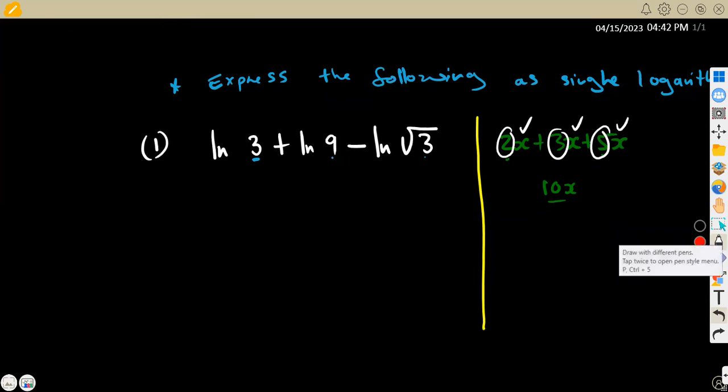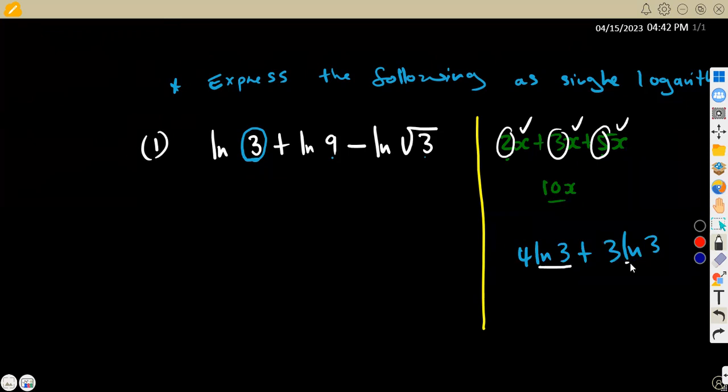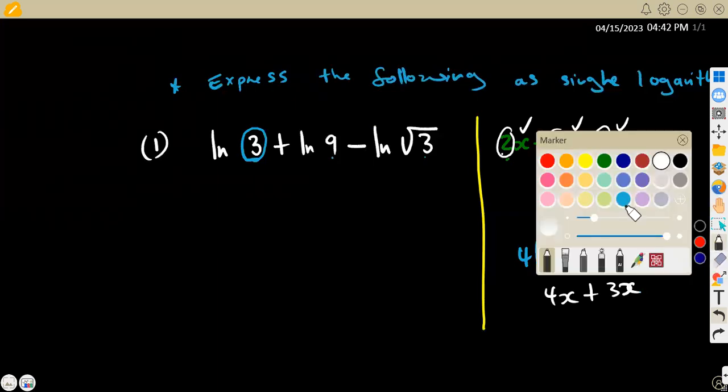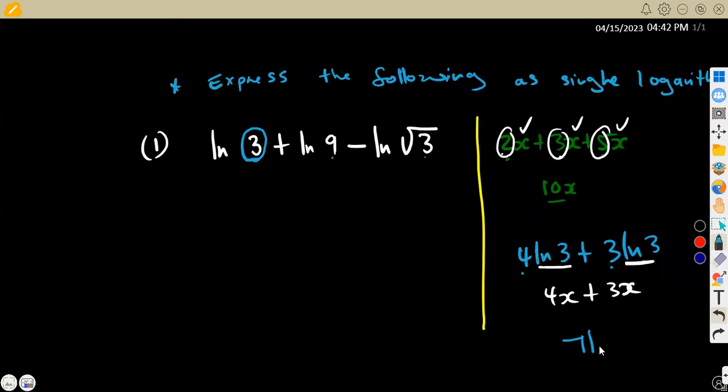So can we write this in the same format, maybe in the simplest form of ln 3? Because if it was, let's just say, 4 ln 3 plus 3 ln 3, as long as these two terms are the same, there is no need for laws here. We can add just like normal 4x plus 3x. So I can add 4 plus 3, which is 7 ln 3. There is no need for law. So can we write in this format? Yes, we can. 9 can be written as 3 to the power of 2.